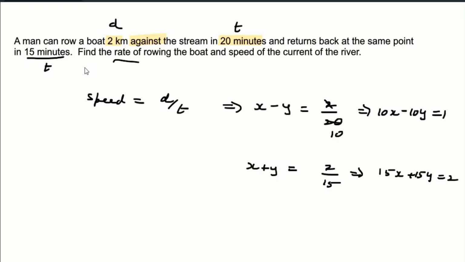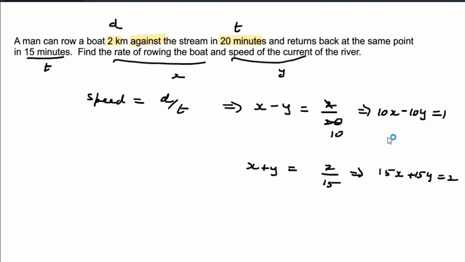So he's asking me what is x and speed of the current. So both the variables are missing because I fix x and y as the variables. So I should get a pair of linear equations. So I will solve this and get the answer. Obviously 30 is the LCM.